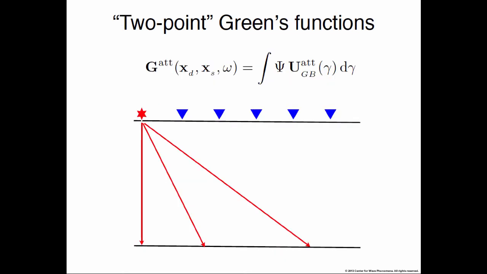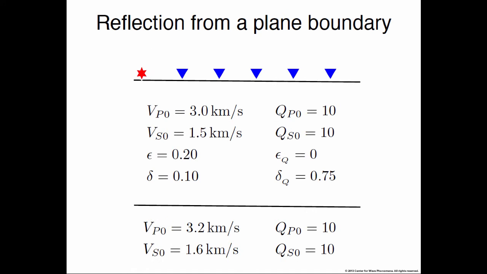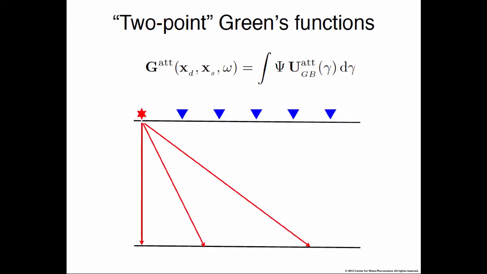And so before we compute reflections from this model, we would like to see how in the media above the 2-point Green's functions compare. So remember that we compute these Green's functions between, say, the diffractor location and the source location using this method of summation of Gaussian beams, and these beams were attenuated.